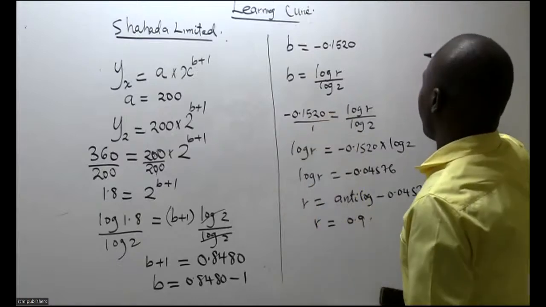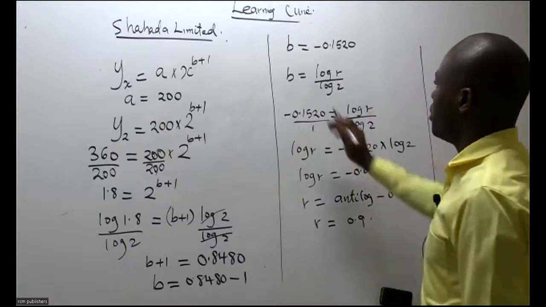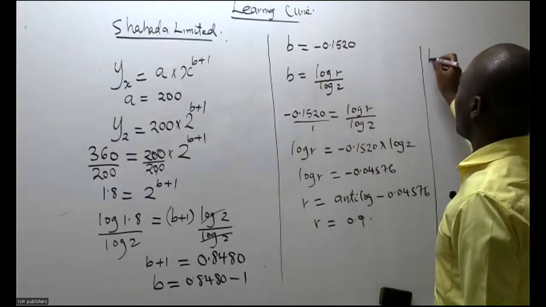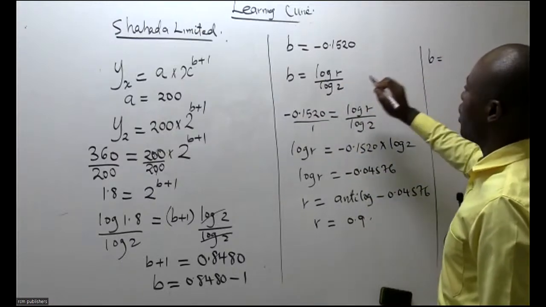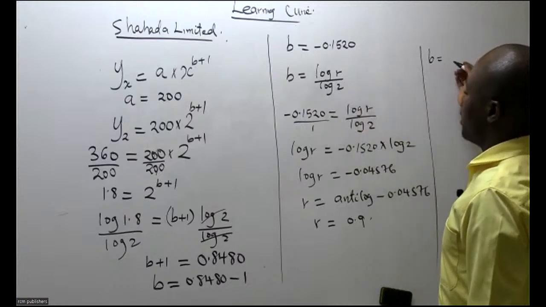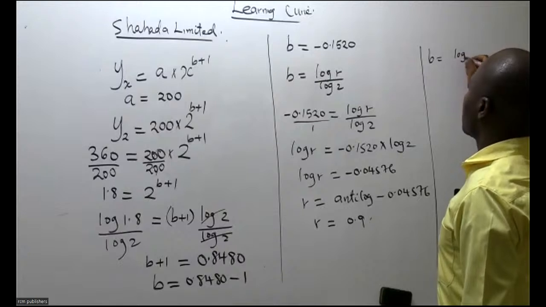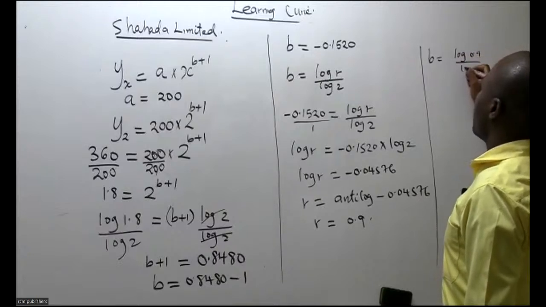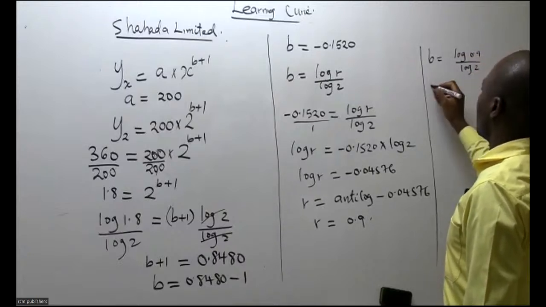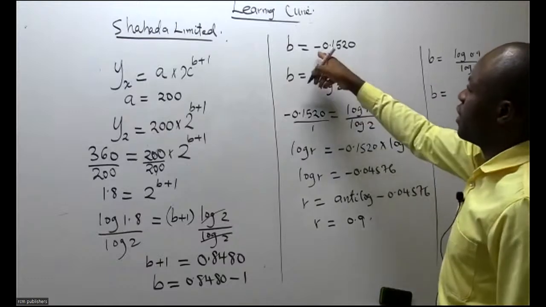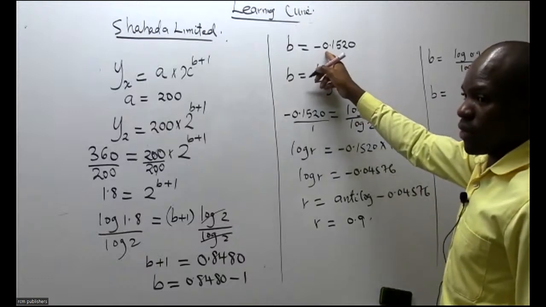You can even confirm. Remember how you are getting B, we were saying, just take your log, just say log 0.9 divided by log 2. Then confirm if you're getting the value of B as this one here.